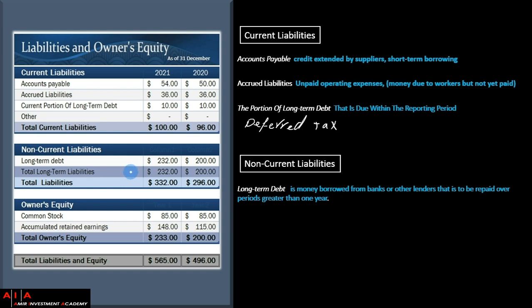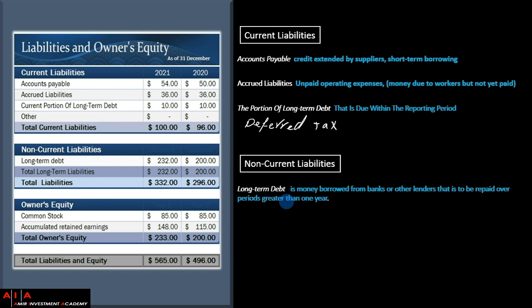So that is in terms of your non-current and current. And for non-current liabilities, I said long-term debt, but another famous example is mortgage payments, right? Because mortgages are by nature long-term, 20, 30, 50 years. So mortgage payments also could be part of the non-current liabilities, and I just wanted to point that out as well.